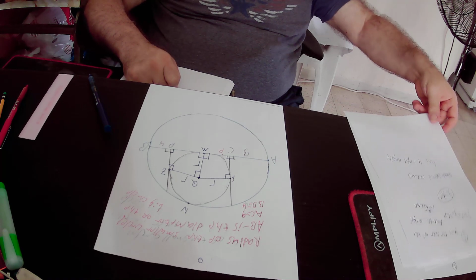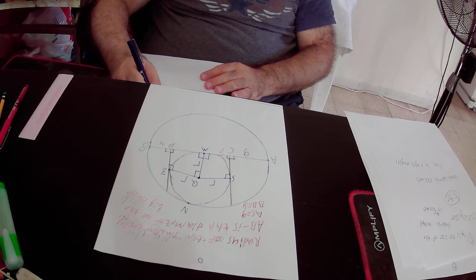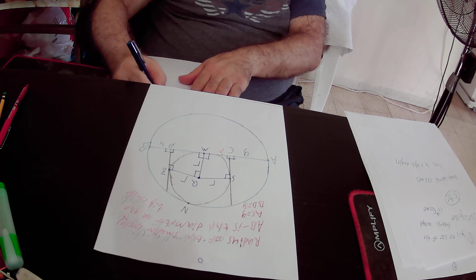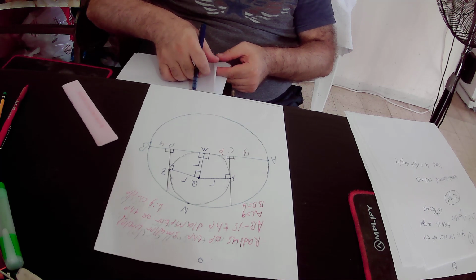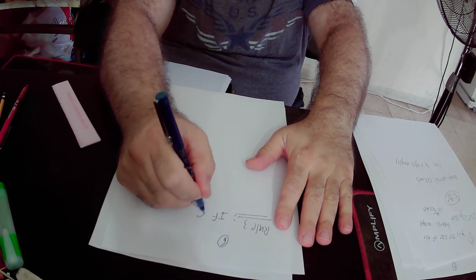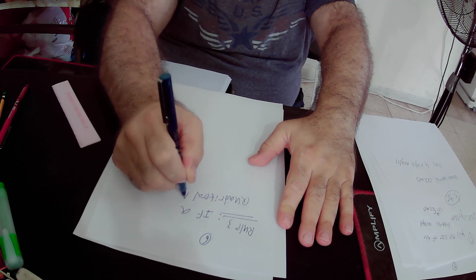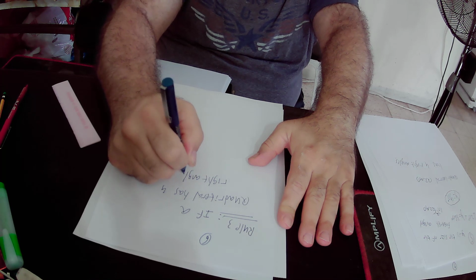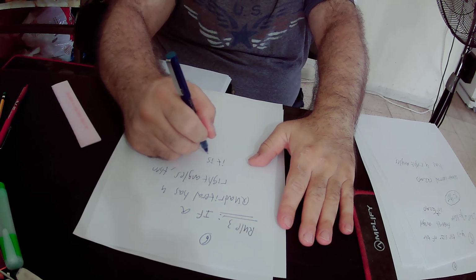Okay, and we have rule number 3 that states that if a quadrilateral has 4 right angles, then it is a rectangle.